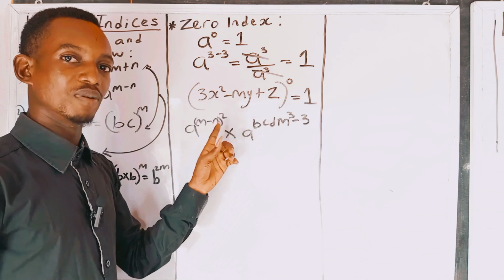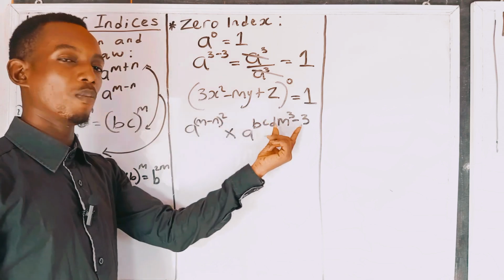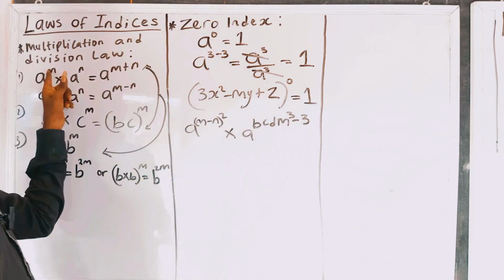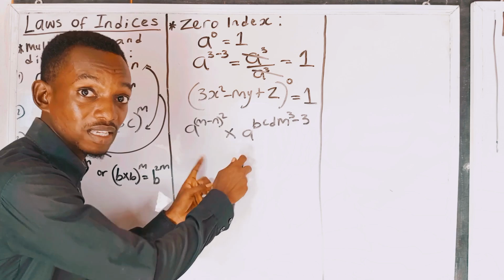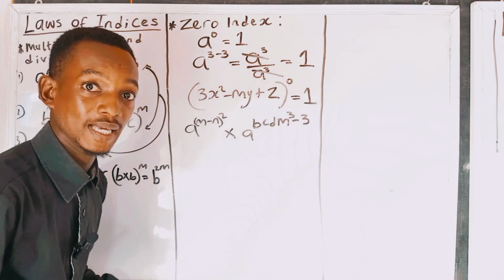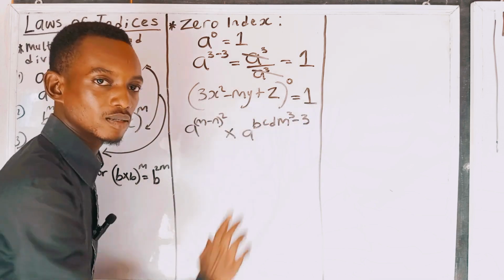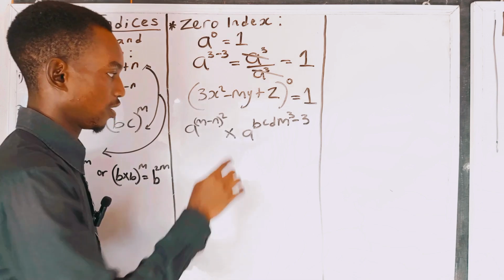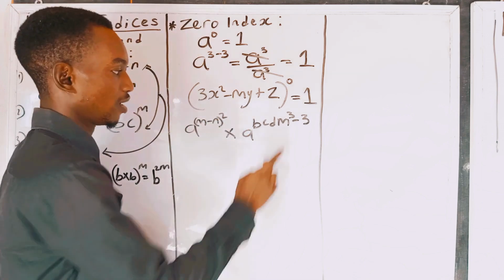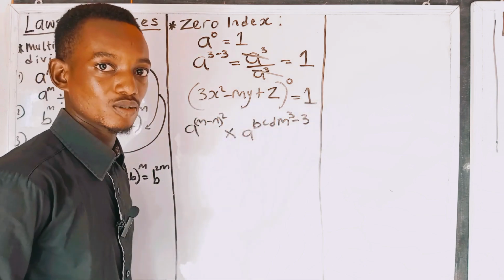What I'm trying to bring out here is that sometimes the power might be compound, not just one character like this. As far as we have the same base, whatever the power might be, we are going to add, no matter how long the power is. But there's just one thing we must be careful of: include brackets, please, so you don't make mistakes.